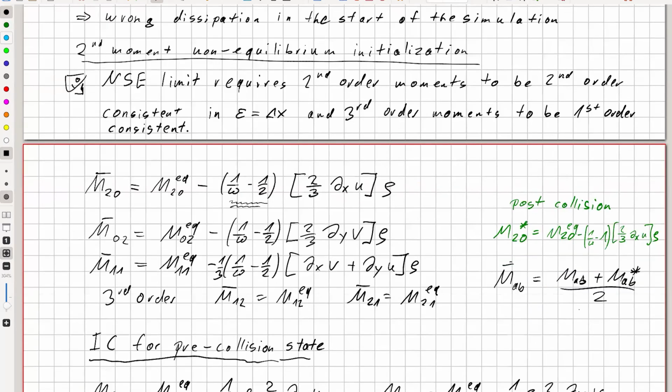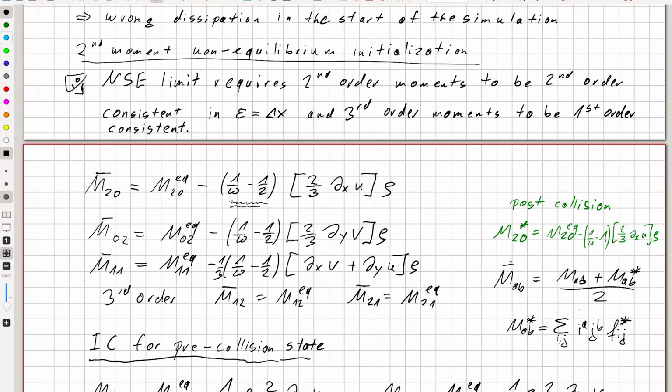And this M_AB star is of course the sum over i and j of i to the power of a and j to the power of b times Fij asterisk, right? So when it comes to the code, we just initialize M20, we don't initialize M20 bar.